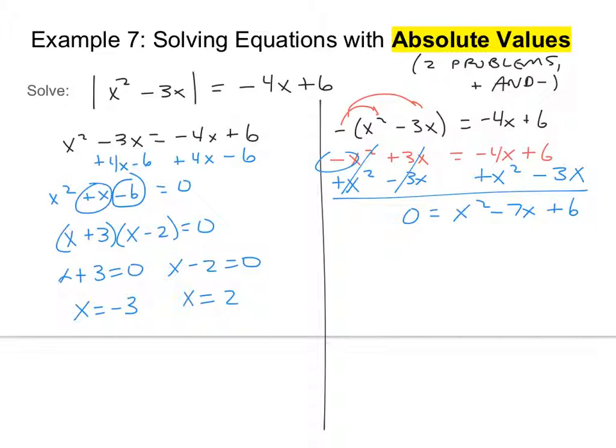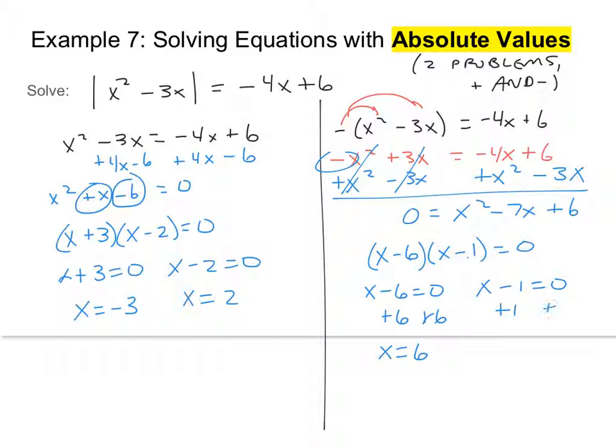I need two things that multiply together to get positive 6 and add together to get negative 7. And so I'm going to have x minus 6, x minus 1, because these two are going to add together to get me negative 7. Equal to 0, so x minus 6 equals 0, x minus 1 equals 0. x is equal to 6, x is equal to 1. I have 4 solutions here.